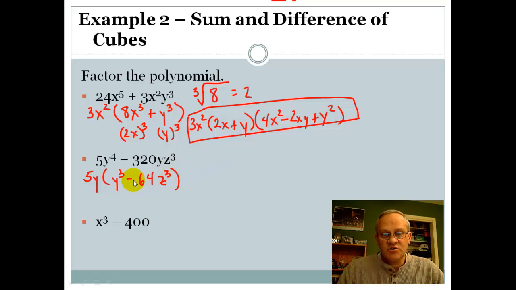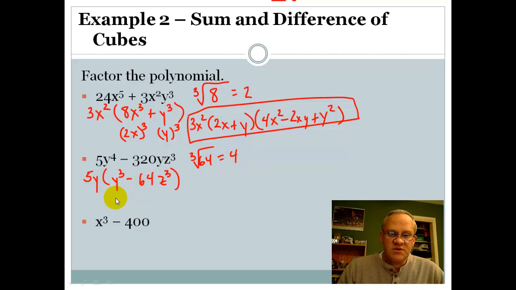Now you go, hey, this could be difference of cubes because there's a cube, y to the third power, z to the third power. I have to figure out if 64 is a perfect cube. And so again, remember what we did with the cube root up here? Math, find the cubed root, type in 64, enter, and it said the cubed root of 64 is 4.